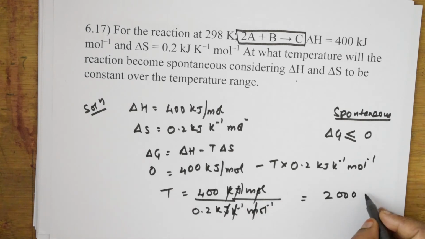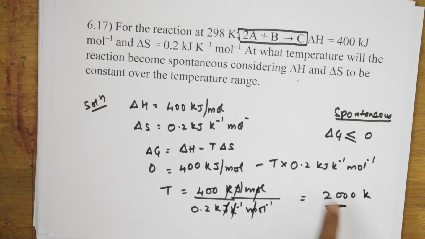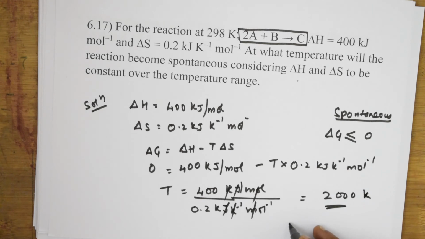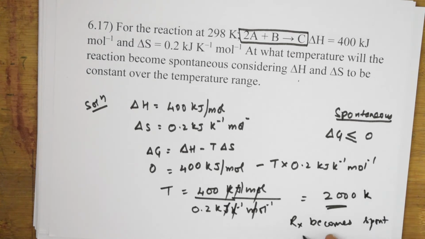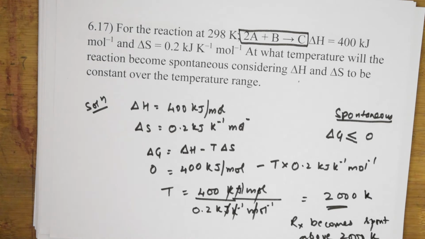I am left with 2000 Kelvin. Therefore above 2000 Kelvin, the reaction will become spontaneous. So you should write: reaction becomes spontaneous above 2000 Kelvin. That's it. This is how we are going to do it. Let's come back and see the 18th question.